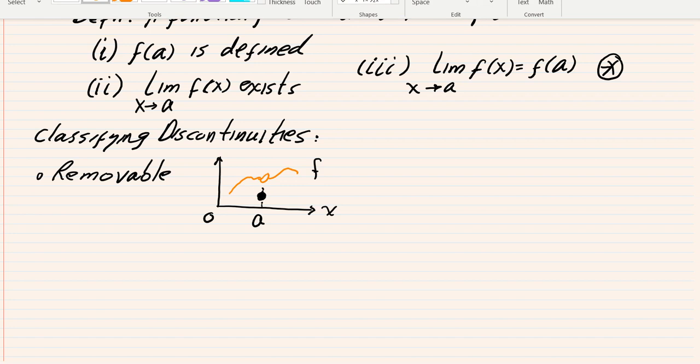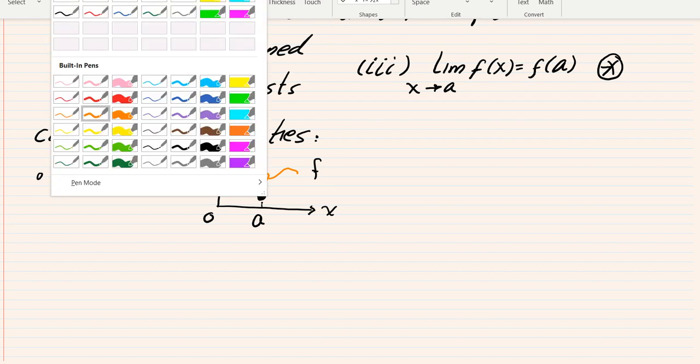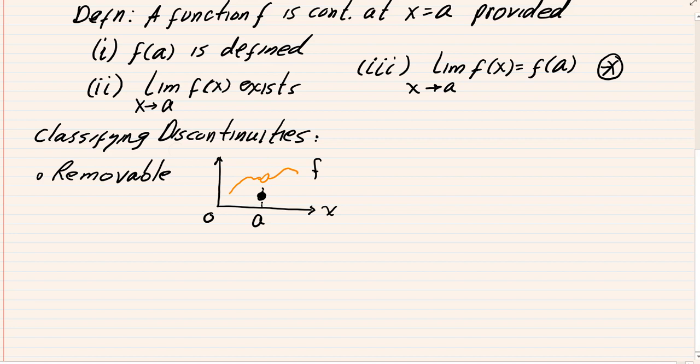Now the next kind of discontinuity we're going to look at is, let me change my pen, sorry about this. Okay, we're going to look at jump discontinuity. So with a jump discontinuity, the limit does not exist on the graph.